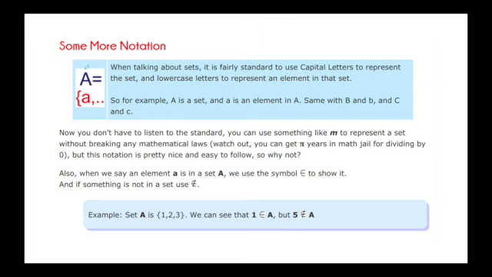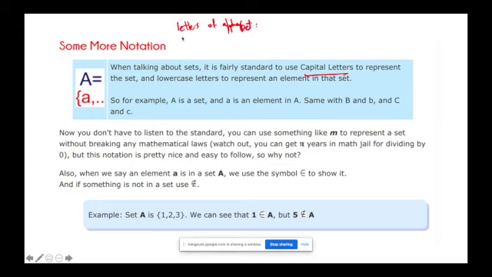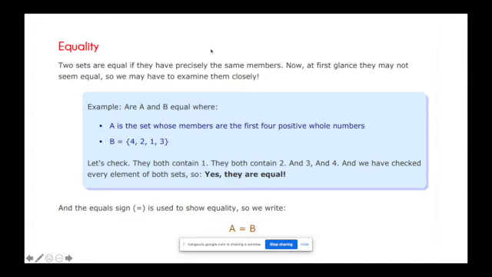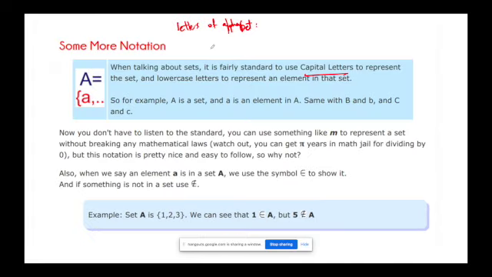So we usually give the name of the set, right? We will name it in capital letters, right? And to represent the elements of the set, we would use common letters, right? So, for example, if we had a set of letters of the alphabet, what I would do is I would use a capital letter to name the set.